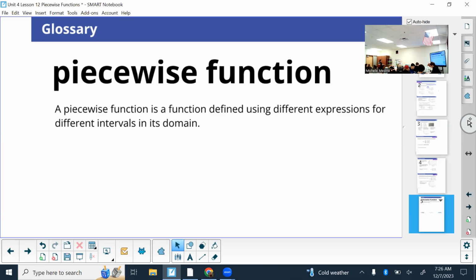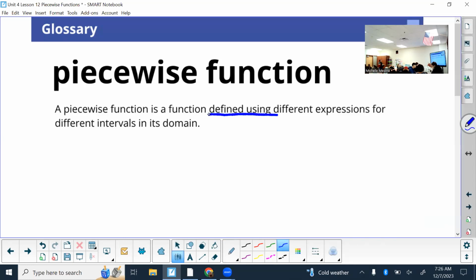All right. A piecewise function is a function defined using different expressions for different intervals in its domain. So for me, I do piecewise function, little arrow, write that, what I underlined. So it's definitely a function.